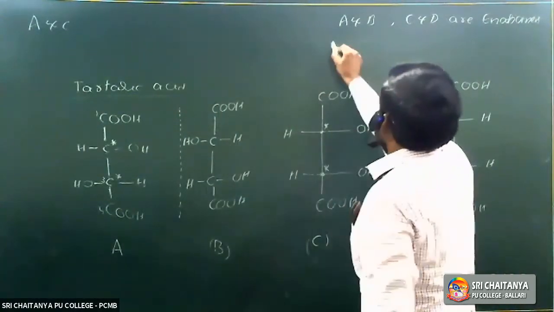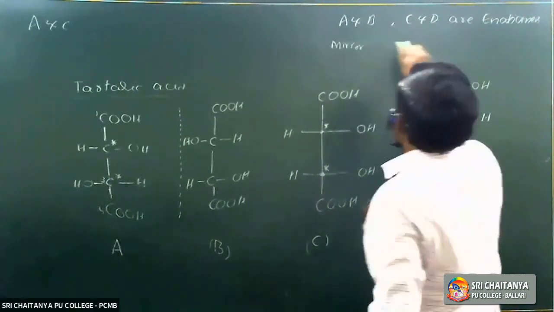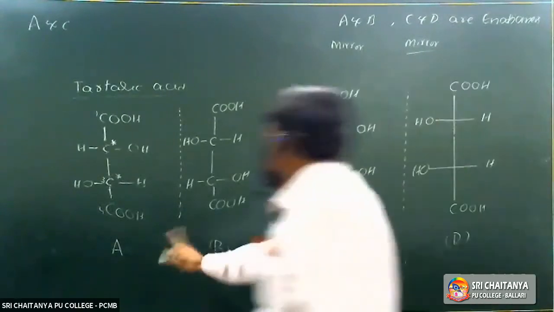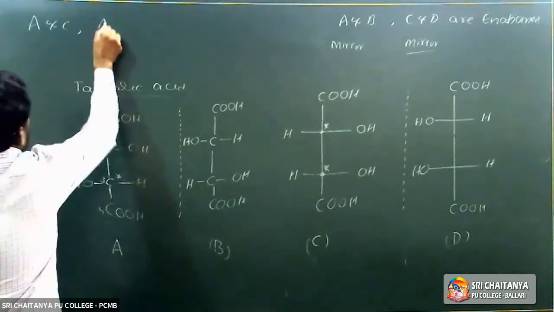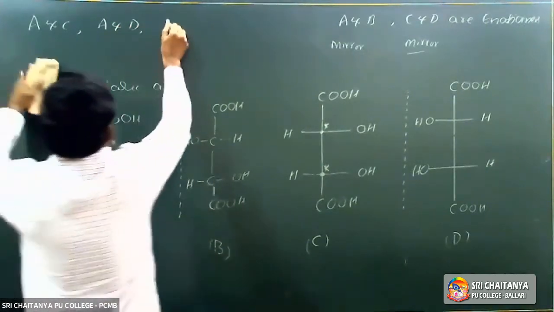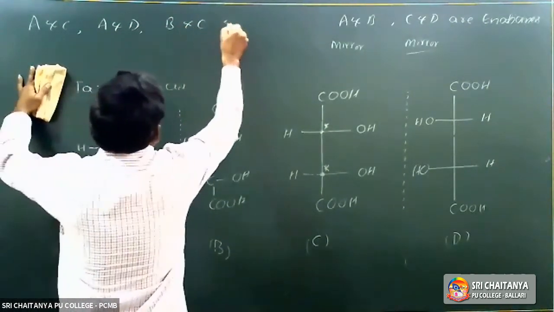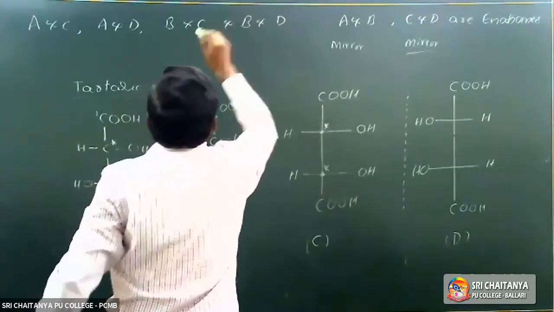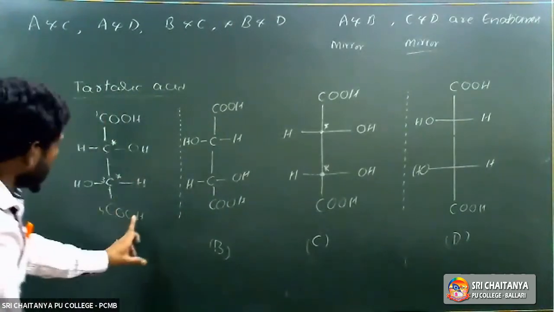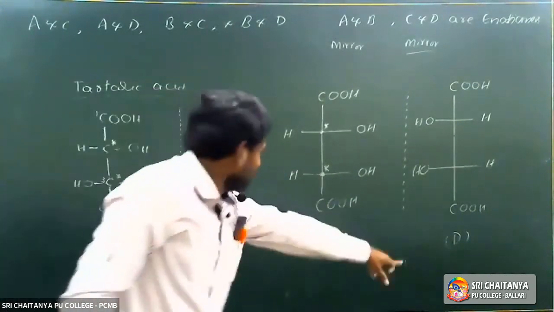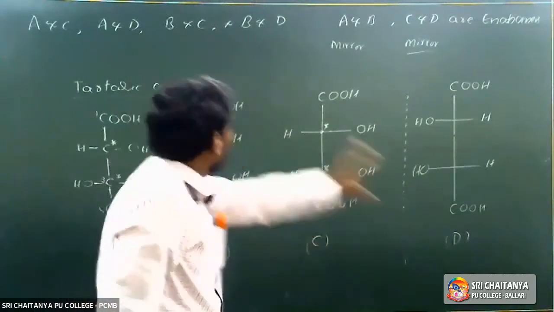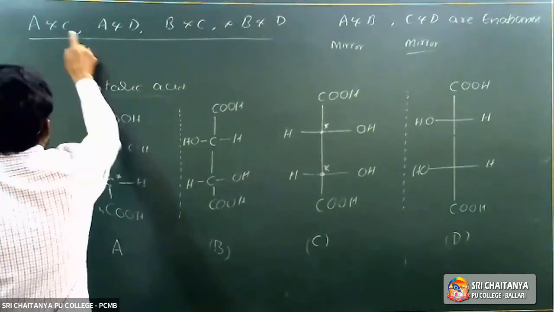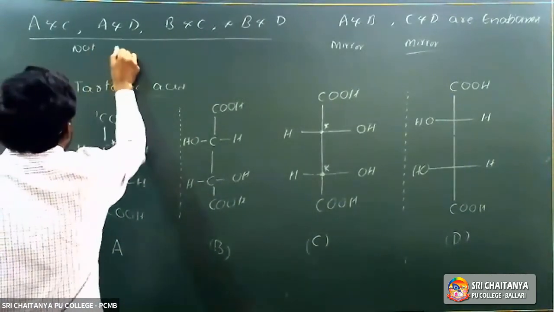So A and B are mirror images. Next, C and D are also mirror images. But A and C, A and D, B and C, and B and D, that is 1 and 3, 1 and 4, 2 and 3, 2 and 4, these four pairs are not mirror images.